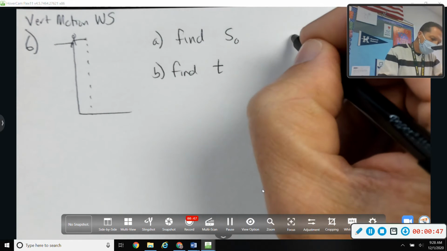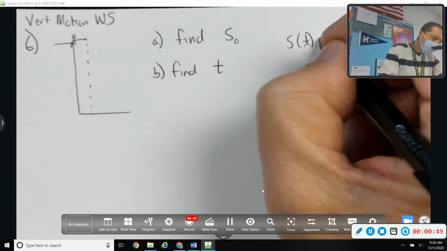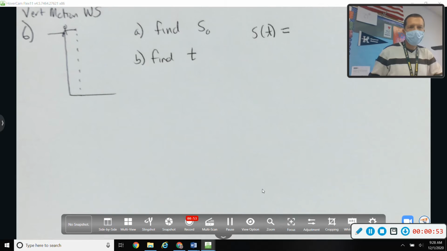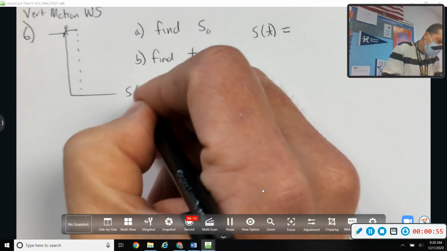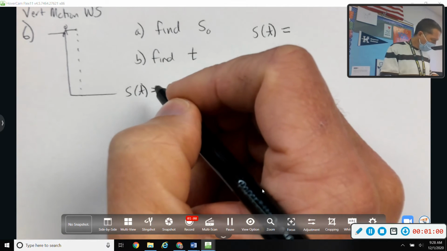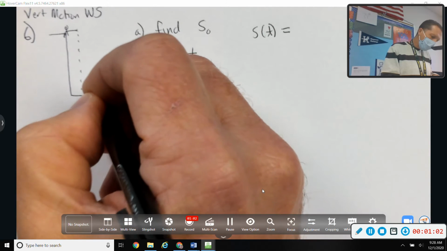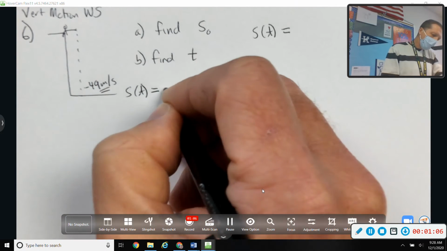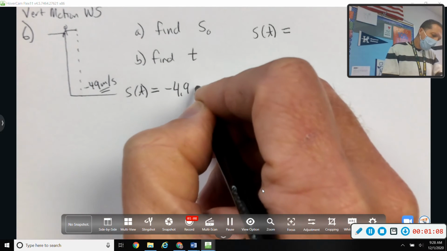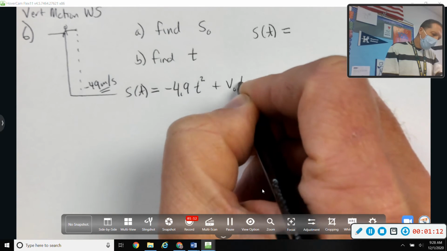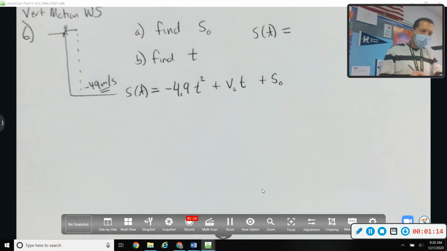All right, well, let's start with what we know, which I guess doesn't feel like a whole lot for this problem. S of t is negative 4.9 t squared plus v0t plus s0.